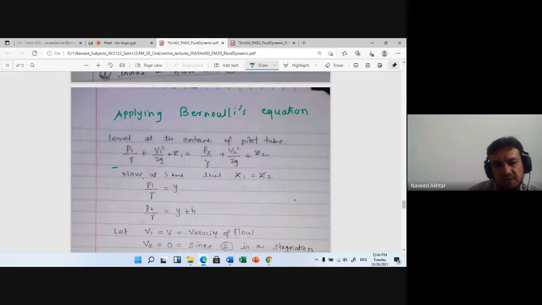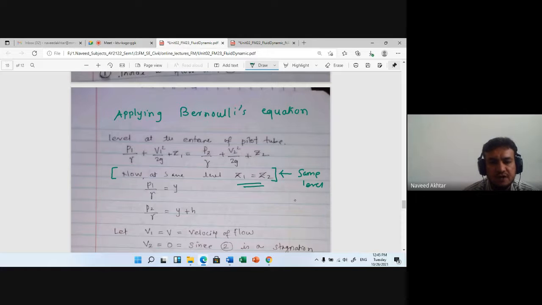Because the pitot tube and the flow are measured at the same level, it means that Z1 is equal to Z2.